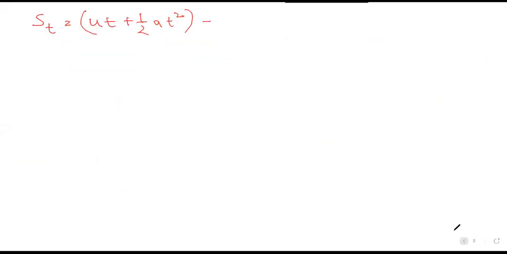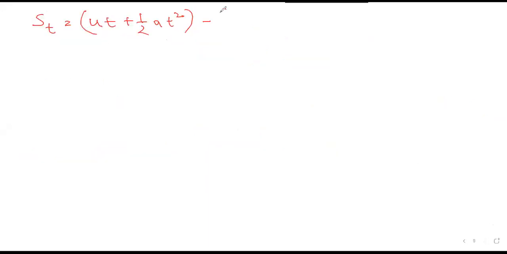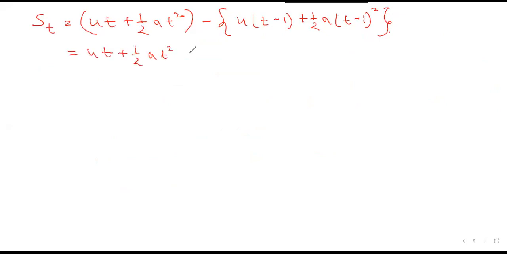माइनस ये वाली पूरी इक्वेशन, this is u(t minus 1) plus 1 upon 2 a (t minus 1) whole square. मैं इसे भी ऐसे ही रखूंगा, ब्रैकेट ओपन बाद में करूंगा, पहले सिंप्लीफाई कर लूं। This is ut minus u plus (t minus 1) whole square. बच्चों, this is t square plus 1 minus 2t.